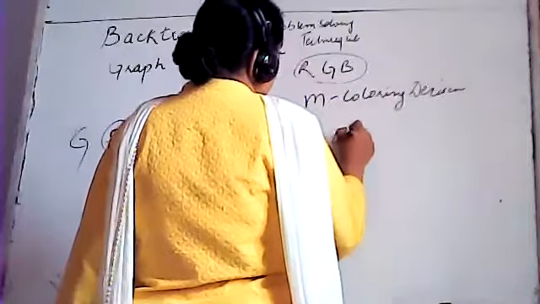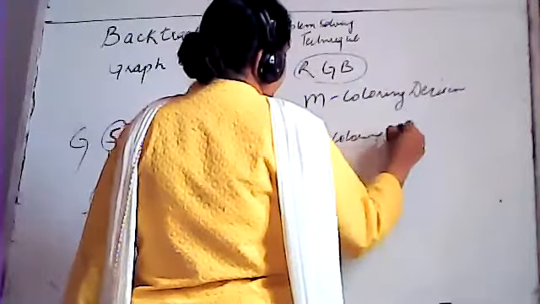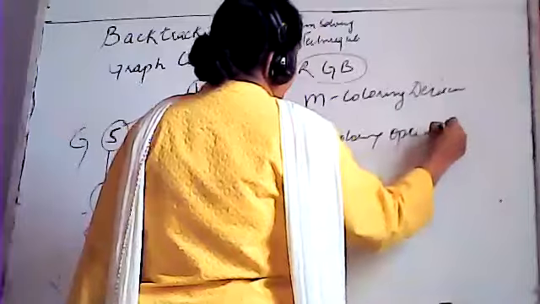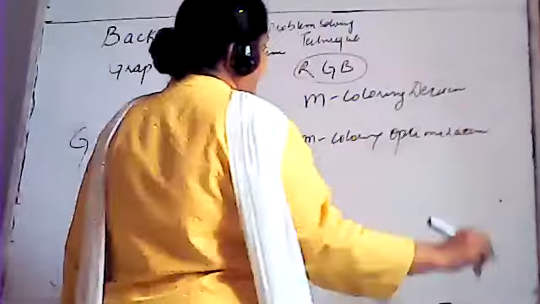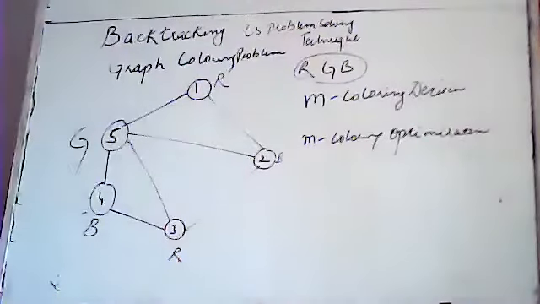Second is M coloring optimization. First term is M coloring decision. Second term is M coloring optimization. Now, what does M coloring decision say? Suppose we have been given any graph and we are given any number of colors.